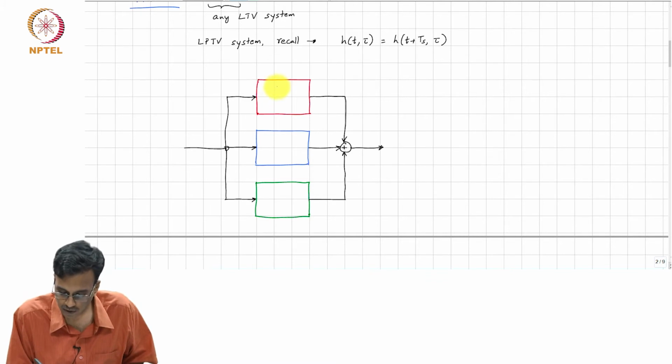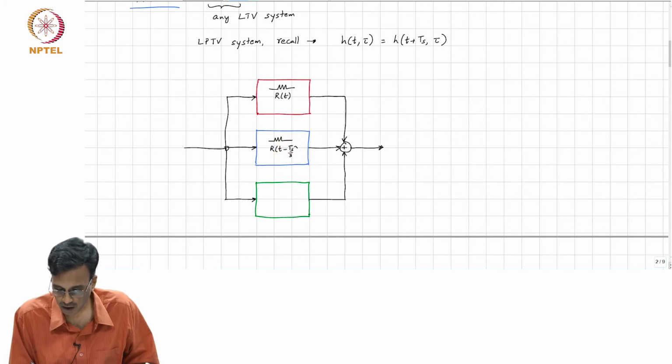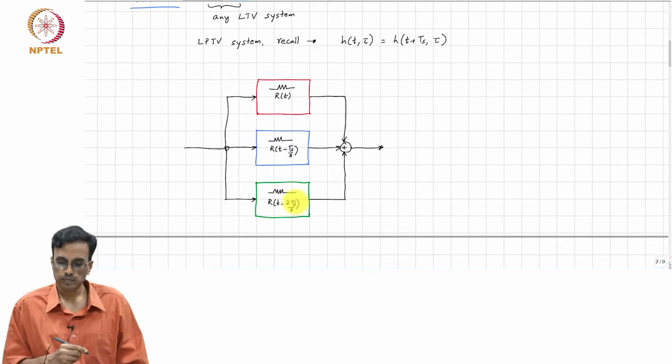Okay. So, this is some resistor R of t, this is R of t minus Ts by 3, this is R of t minus 2 Ts by 3.